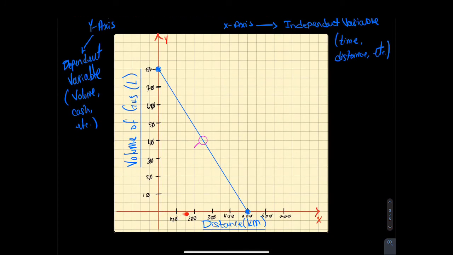Let's look on our x first. It's going right there, so this is 250, and 40. That's how we would measure that.